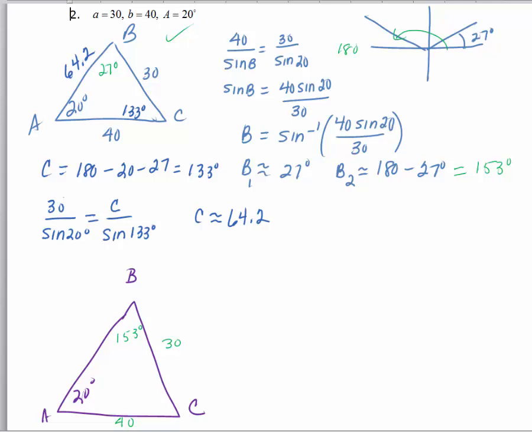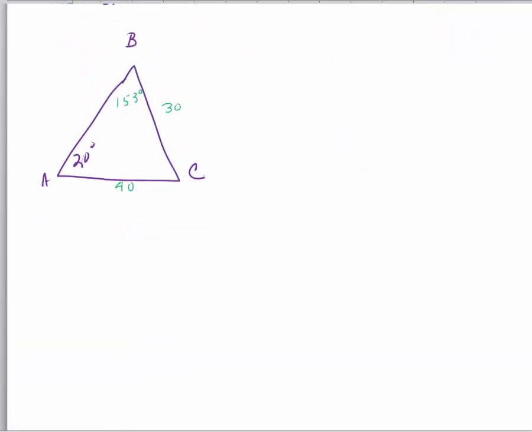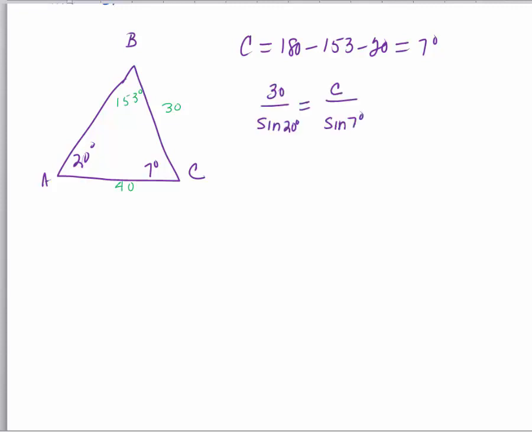So now we'll go down and we'll solve the second triangle, the one that has the obtuse angle. And again, we start by, we'll find C, which equals 7 degrees. And then the last thing we need to do is find side C by using the law of sines. 30 over the sine of 20 equals side C over the sine of 7.